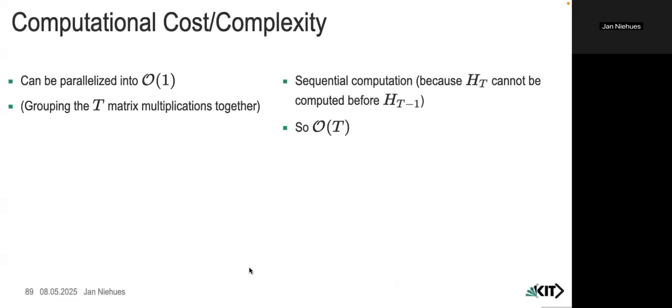One other important thing is the computational cost, which we will especially address in self-attention. In the CNN case, the hidden state at one position does not depend on the other hidden states. It only depends on the input. So you can process a whole sequence in parallel.